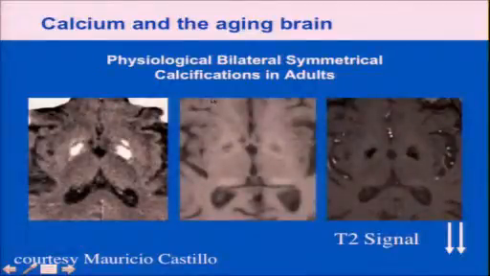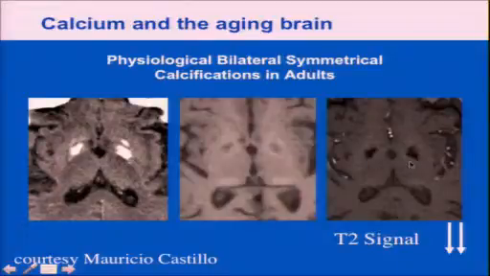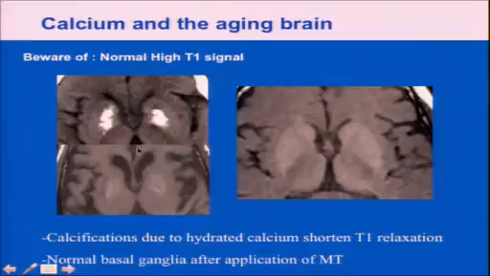So here's some physiologic bilateral symmetrical calcification in adults. And if it's a large amount, then we even see reduced T2 signal. Another case here, but also in some cases, if they contain a certain amount of fluid, then we can see them as a hyperintensity on the T1 weighted scans.